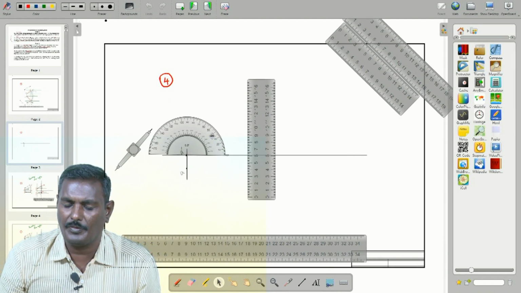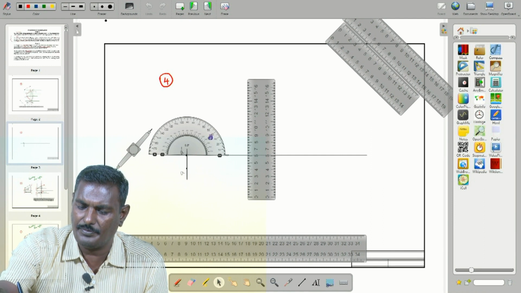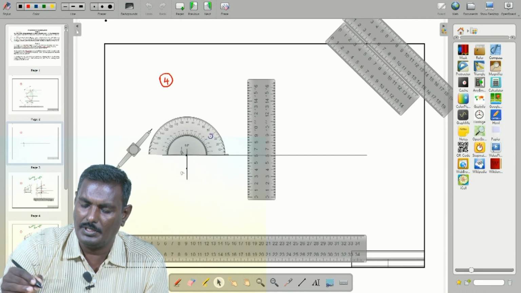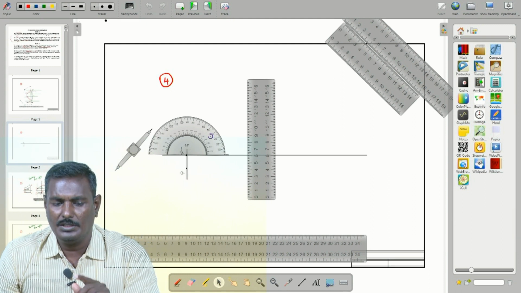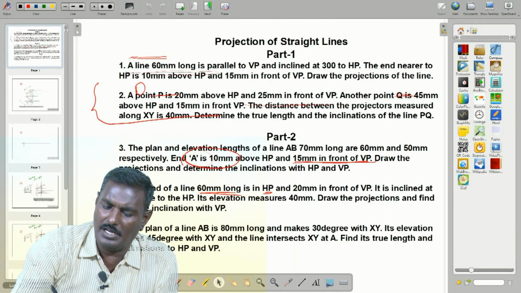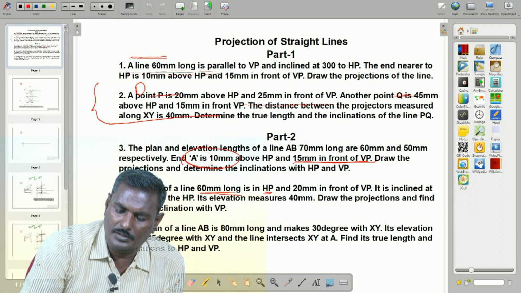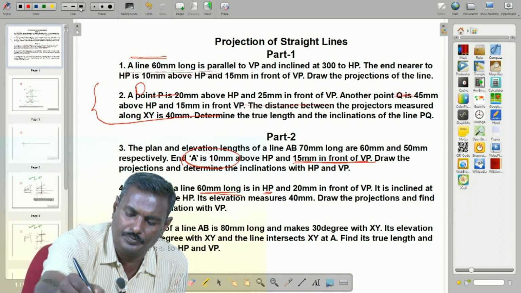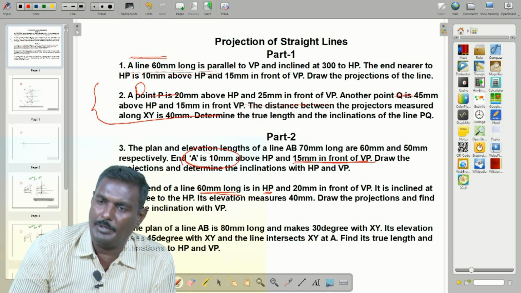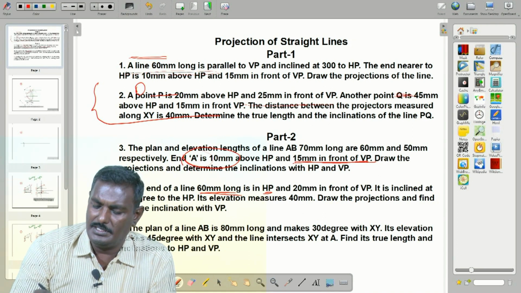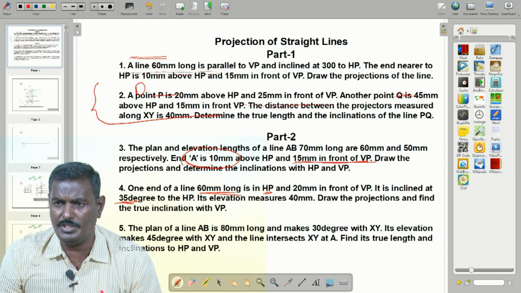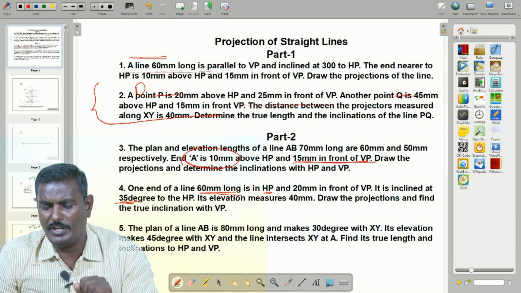Placing here, a slight variation is there. How much angle is it inclined? 35 degree to HP.